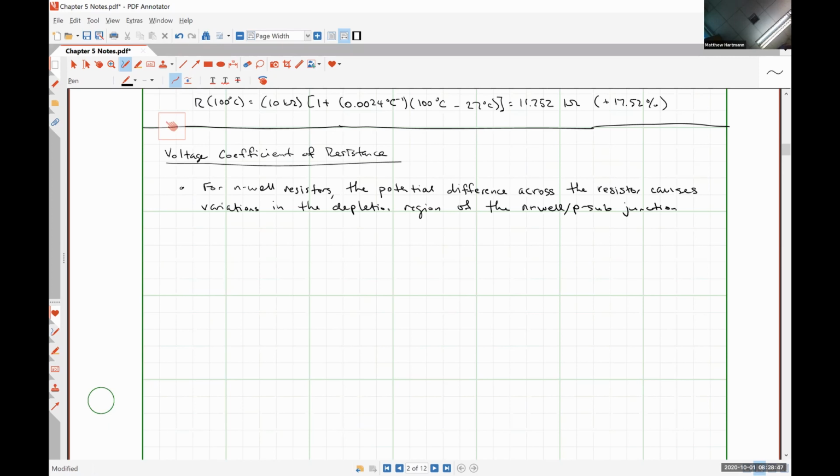It's going to look a little something like this. So let's say this is a cross-sectional view.